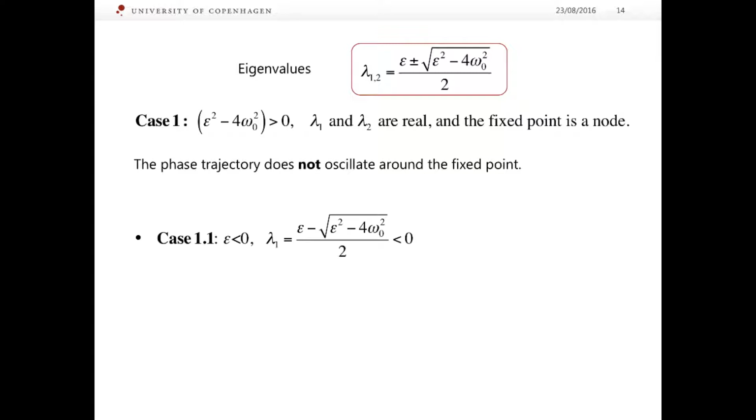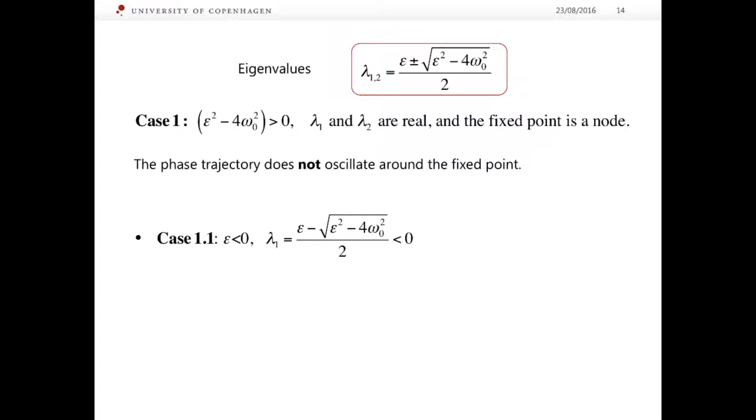Suppose epsilon is negative, and to form the first eigenvalue lambda 1, we need to take epsilon and subtract the square root of epsilon squared minus 4 omega naught squared. Because epsilon is negative, the square root is real and negative, so two negative numbers added together will give us another negative number. So the first eigenvalue is negative here.